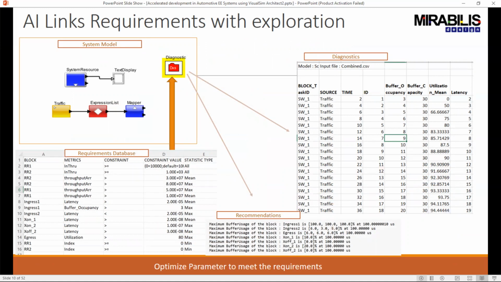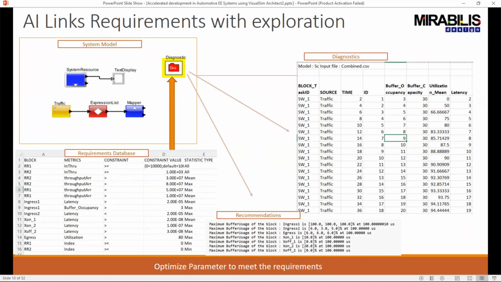So the user can enter the requirements using a database or a table like a CSV file, and then the diagnostic block will run through the simulations in the backend and give us recommendations and the results, whether the requirements are being met or not.